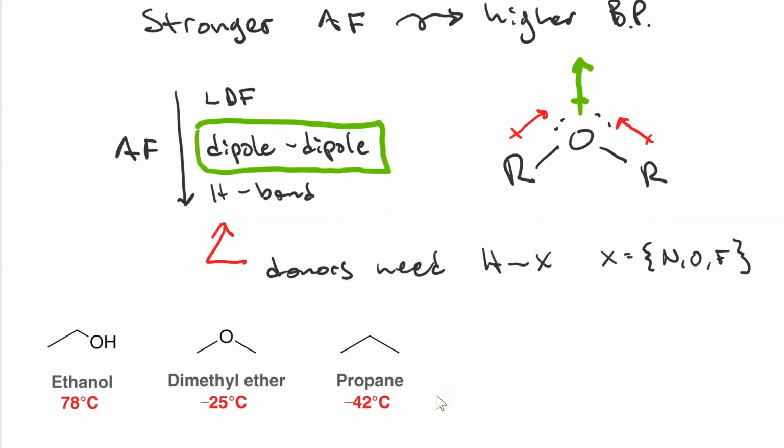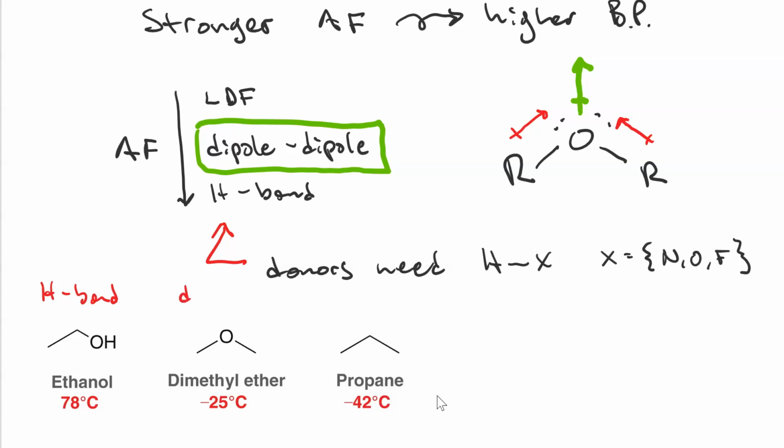So if we consider ethanol, dimethyl ether, and propane, all three of these compounds have similar molecular weights, so they have about the same amount of London dispersion force. Ethanol is an alcohol, so it's capable of being a hydrogen bond donor.